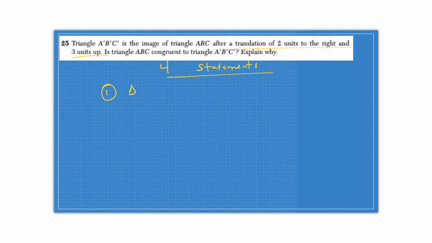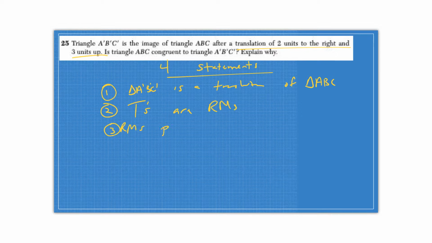1, triangle A prime, B prime, C prime is a translation of triangle ABC. 2, translations are rigid motions. 3, rigid motions preserve size and shape. 4, therefore, triangle A prime, B prime, C prime is congruent to triangle ABC.